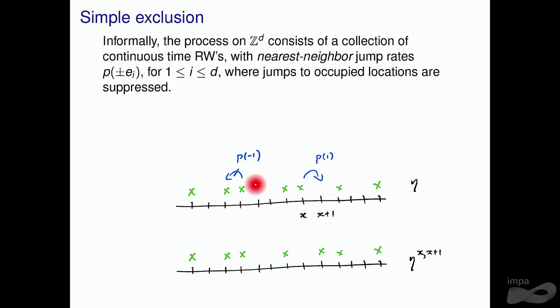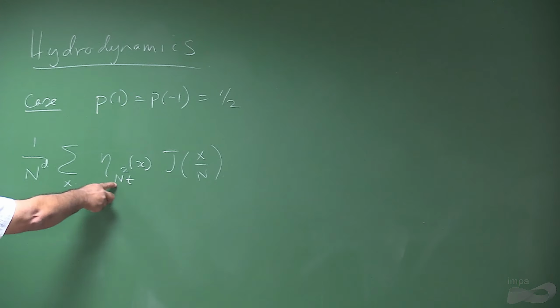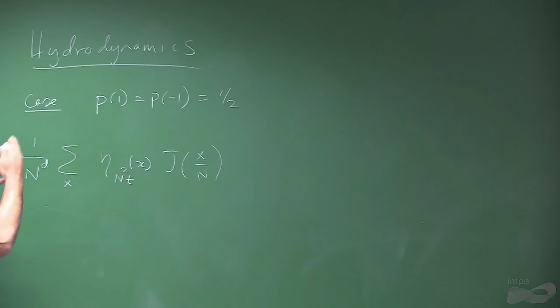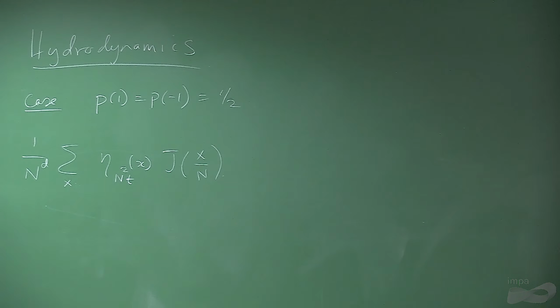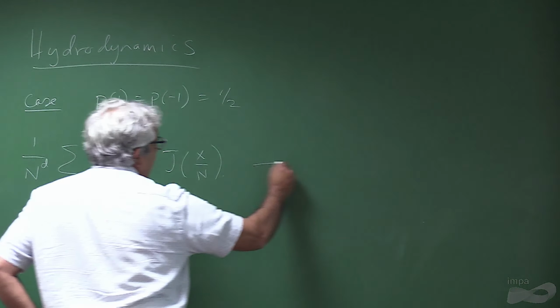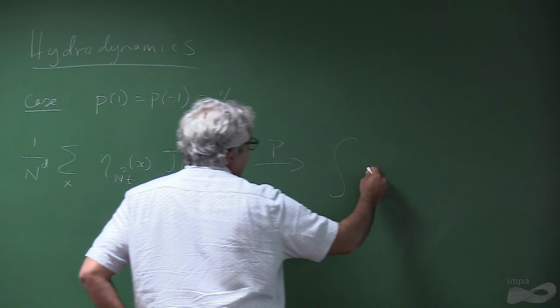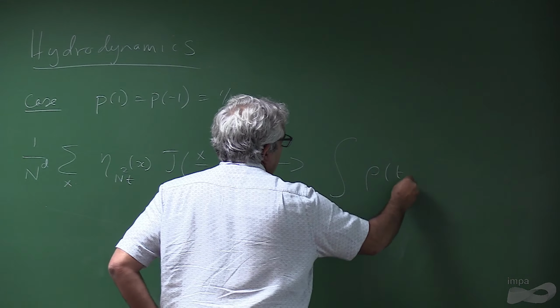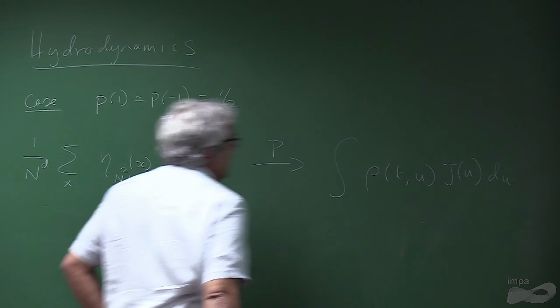In this picture, things are unscaled, but if you make each grid bond length be 1 over n, that's what's meant here, and you speed up time. In this case, each particle is like a fair random walk, so diffusive scale seems to be the right scaling, and so this will converge, let's say in probability, to this.